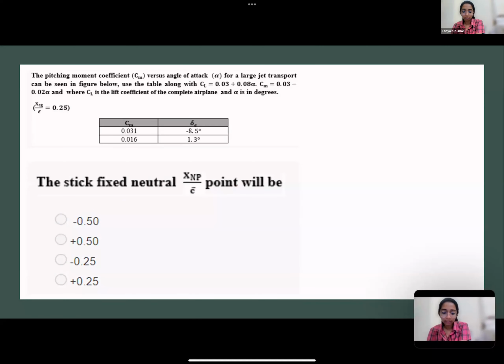Next question. Find the stick fixed neutral point. What, in your opinion, is stick fixed and stick free? What is the difference?